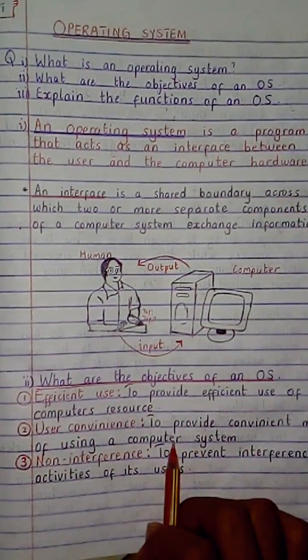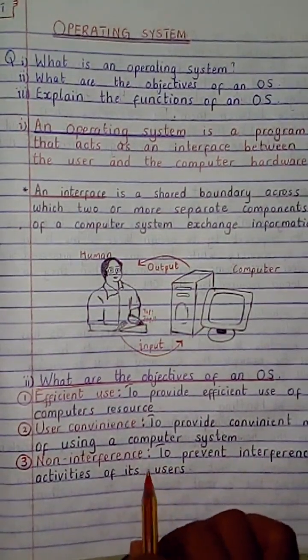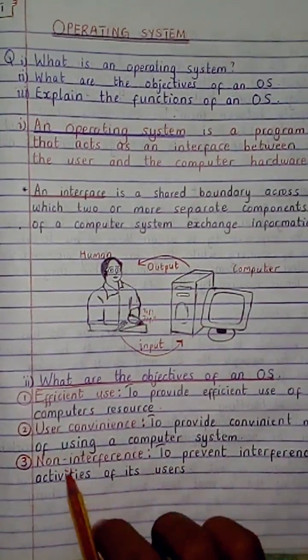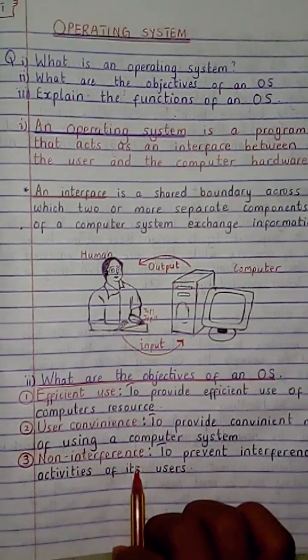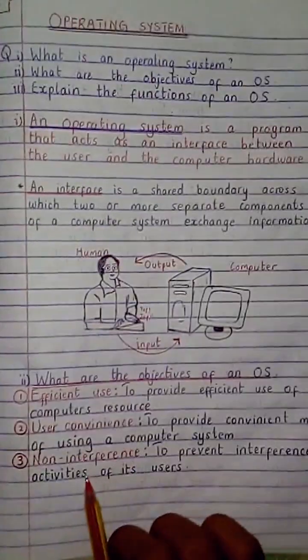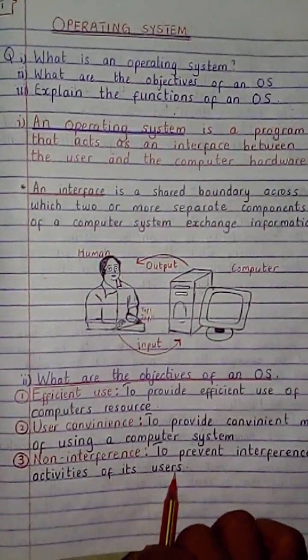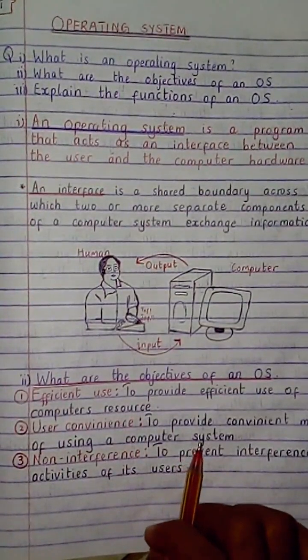An operating system is also there to provide non-interference. And how will it provide non-interference? It will prevent interference in activities of its user. As when a computer is doing its tasks, the operating system knows what tasks the computer is doing.